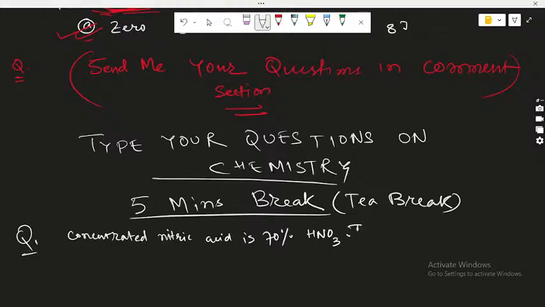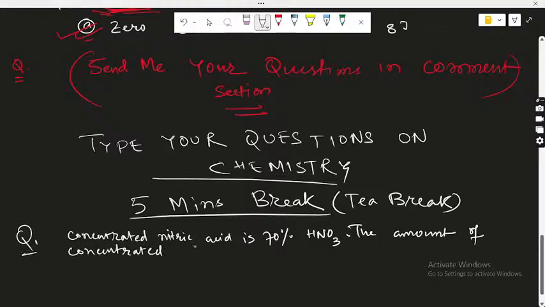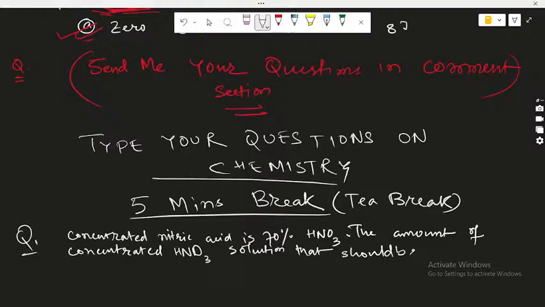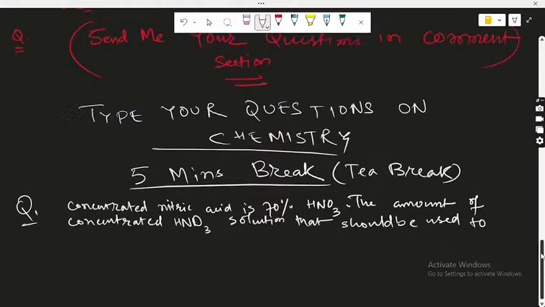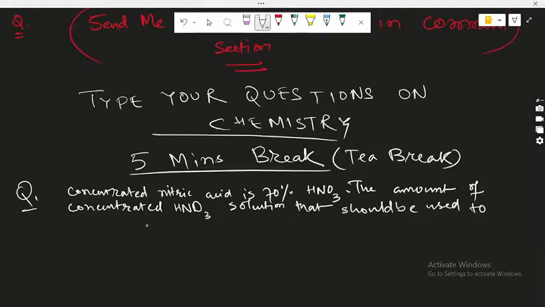The amount of concentrated nitric acid, HNO3 solution that should be used to prepare.